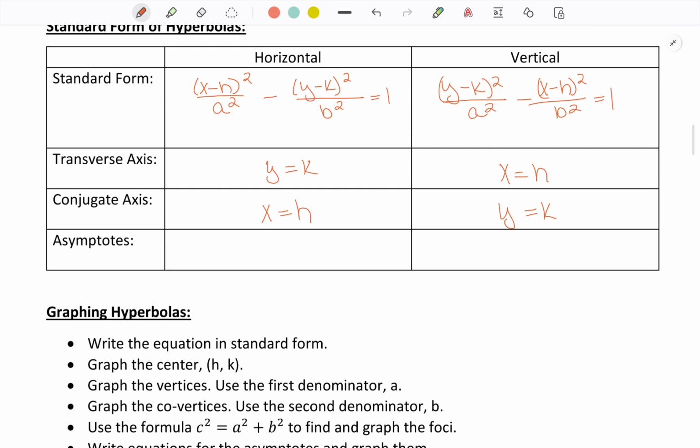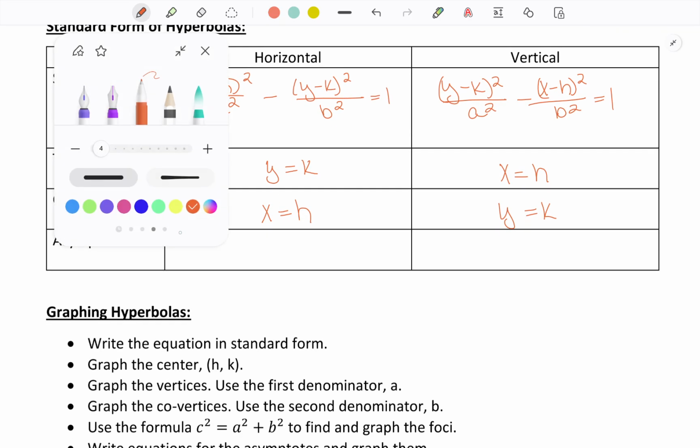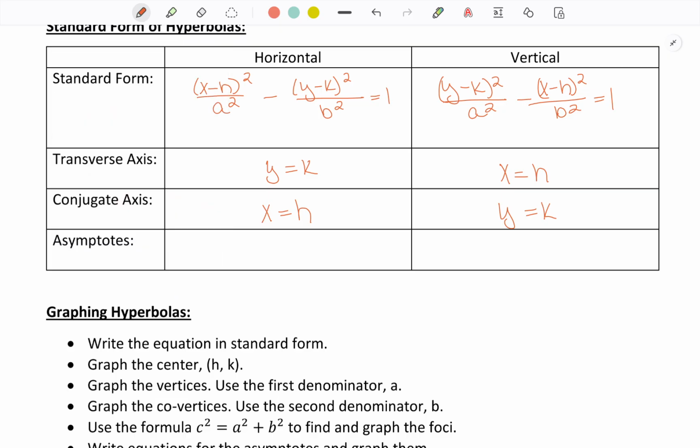Now your asymptotes are going to have the equation of y equals plus or minus b over a times (x minus h) plus k. And then on the vertical, it's going to switch, and you're going to have plus or minus a over b times (x minus h) plus k.